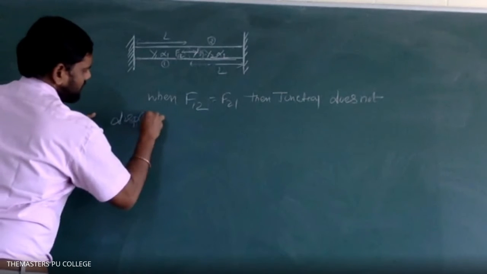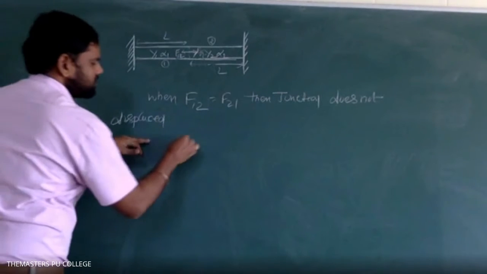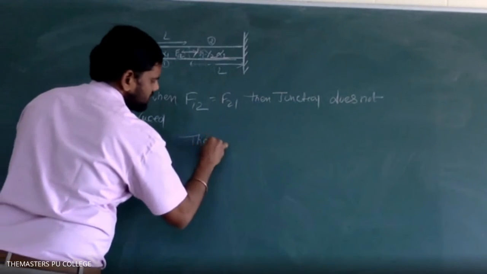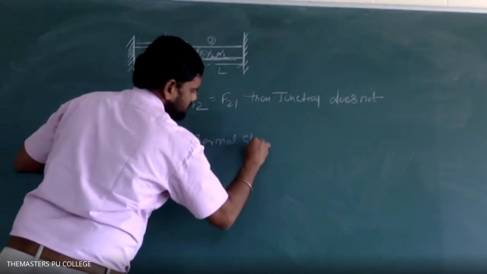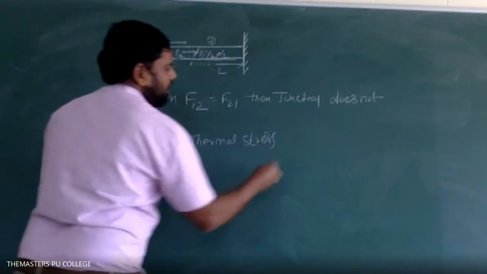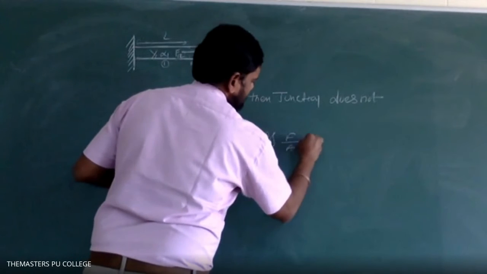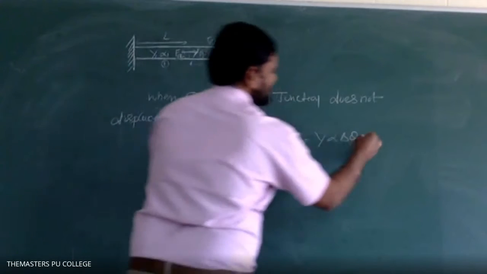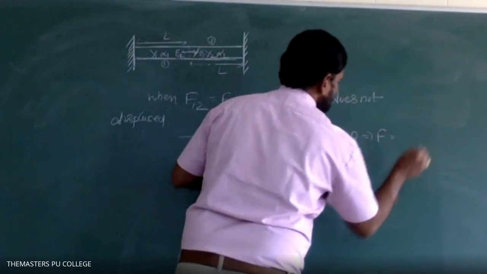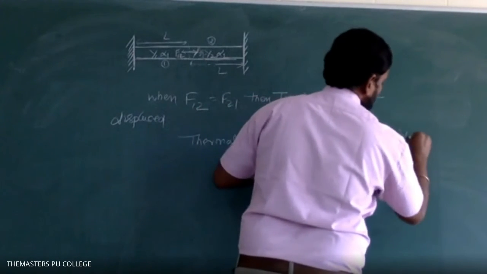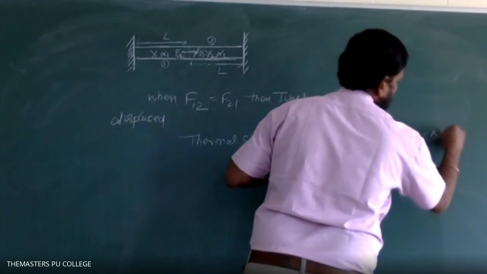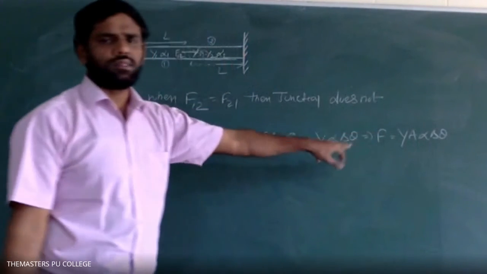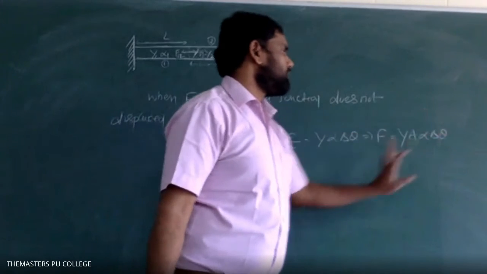Then thermal stress, what is the formula? F by A equals Y alpha into delta theta. From this relation, F equals Y A alpha into delta theta. This is the force generated in the rod due to the change in temperature.